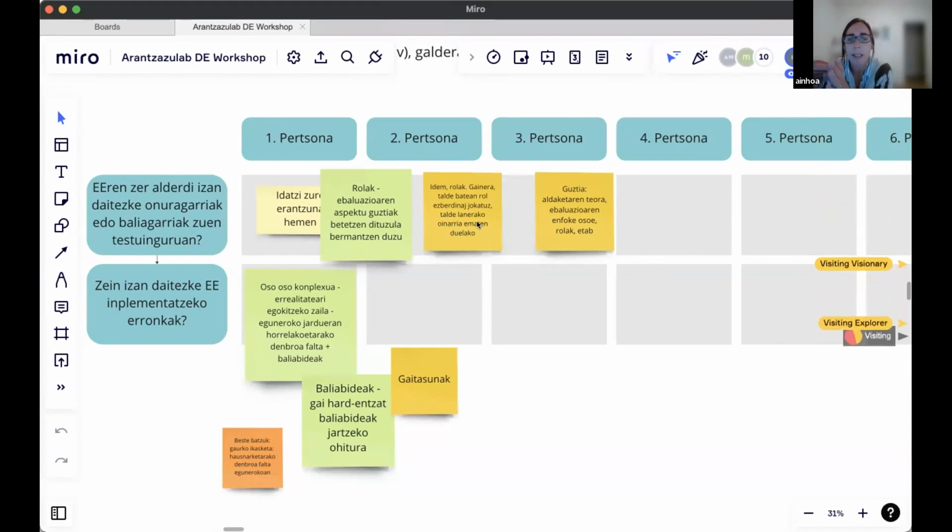And also that could be a good way to organize teamwork too, because it is very interesting to work in groups and understanding that each person can have a different role in that group. And regarding the challenges, we were focusing especially on the resources.